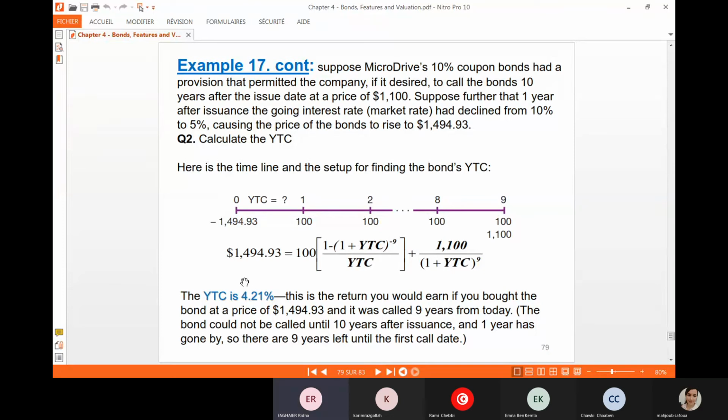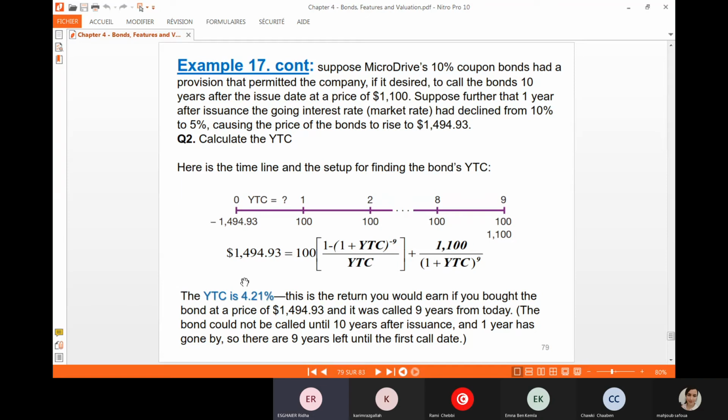had the provision to redeem, to call the bonds. These bonds of ours that the company sold can be called if desired, of course, 10 years after the issue date. So we have a call provision of 10 years: you can't call the bond before 10 years from issuance.